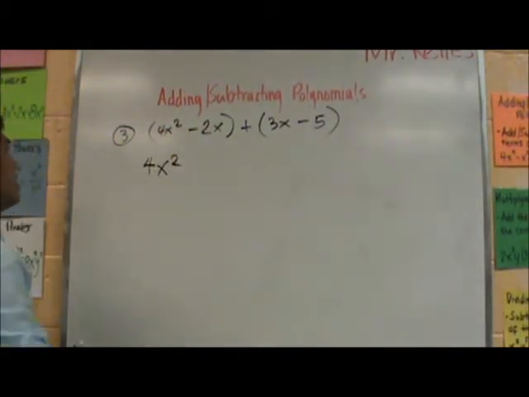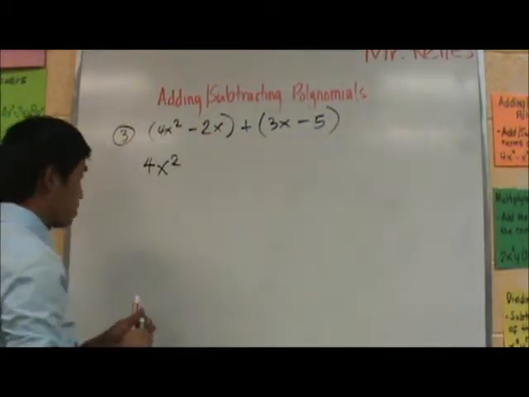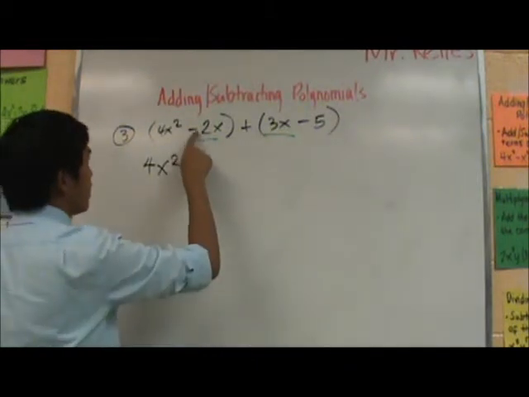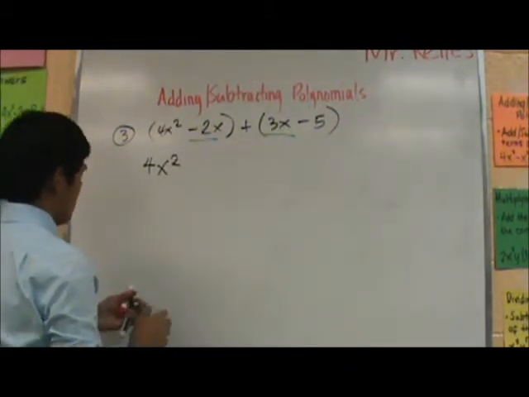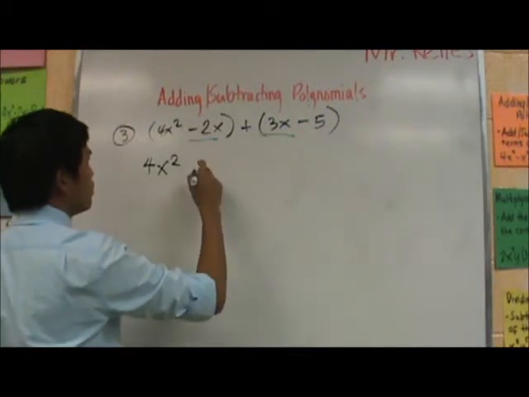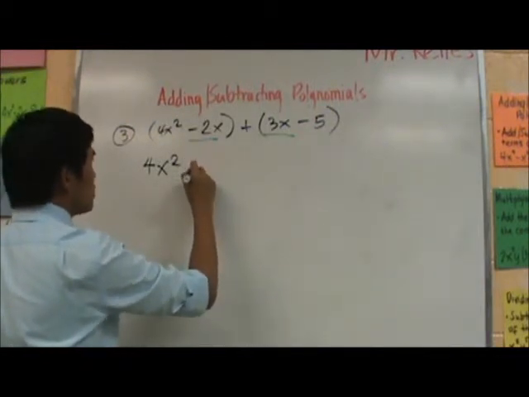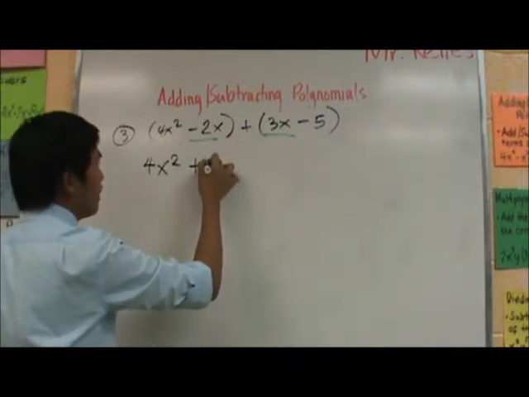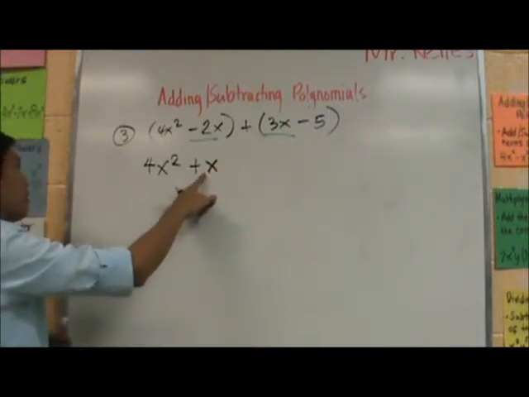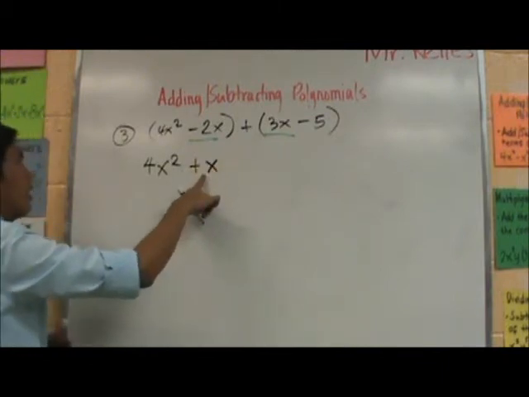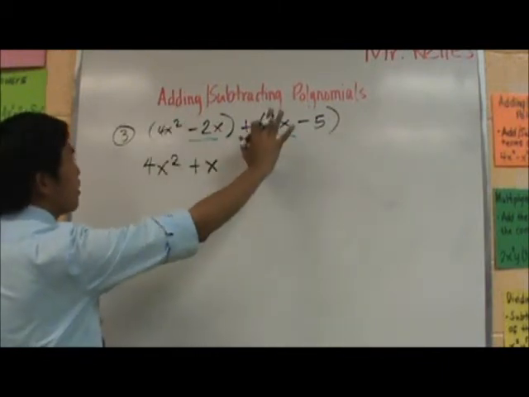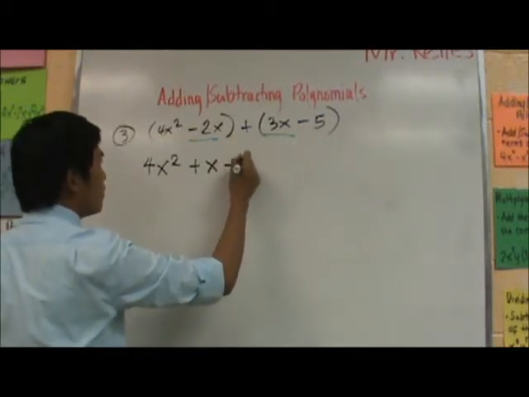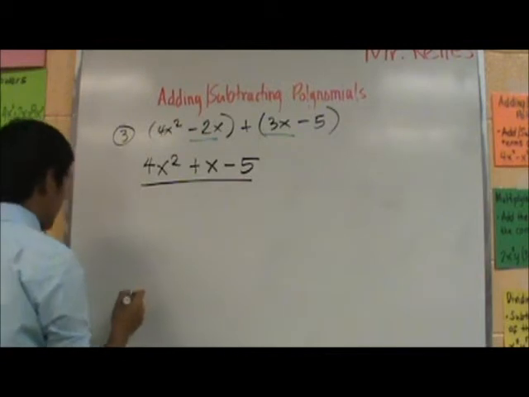Because I got 2 x's here, I'll use my calculator for negative 2 plus 3. And that is 1. So instead of writing 1x, I just write x because it's understood that there's an invisible 1 in there. Now there's no other number, so plus negative 5 will be minus 5, and that is my final answer.